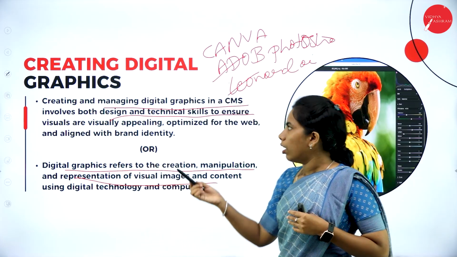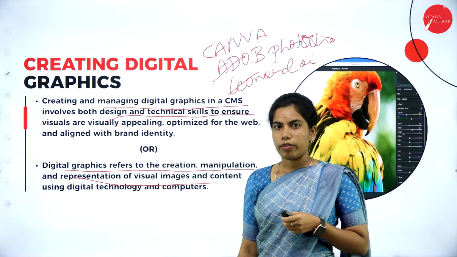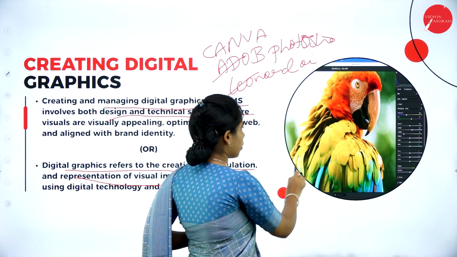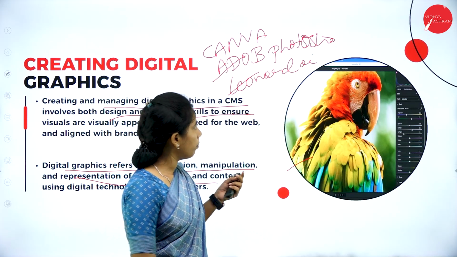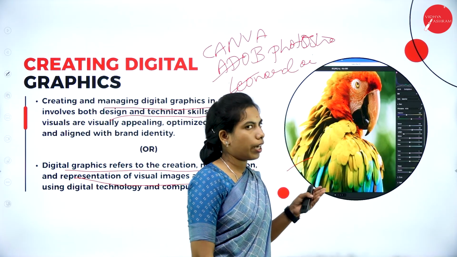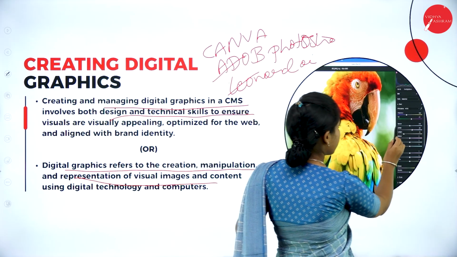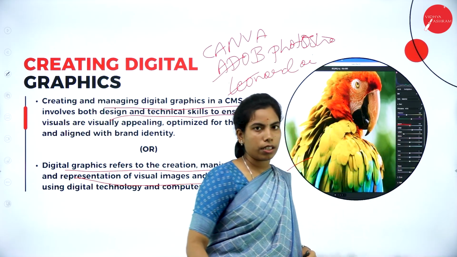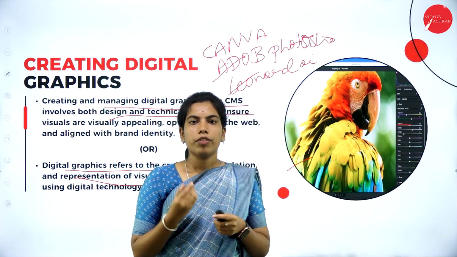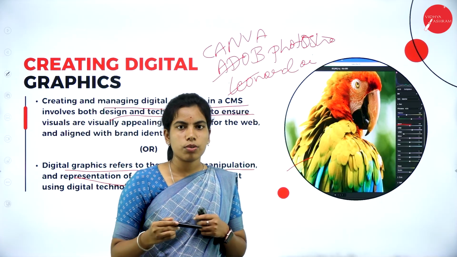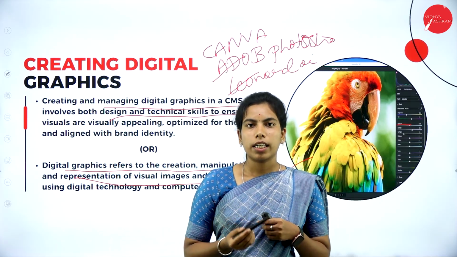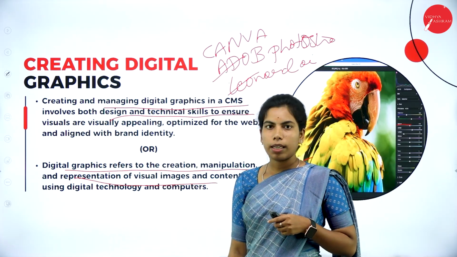That is creating digital graphics. Here you can see one parrot image, already edited. We can add some saturation and temperature and also some visual effects to the parrot. That is creating digital contents using some online platform.